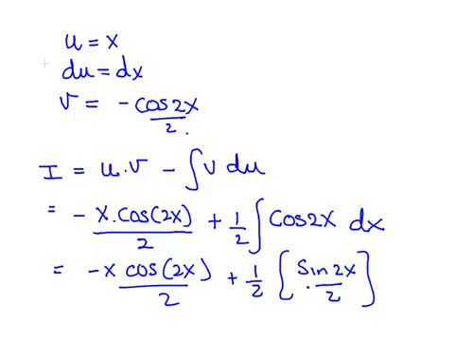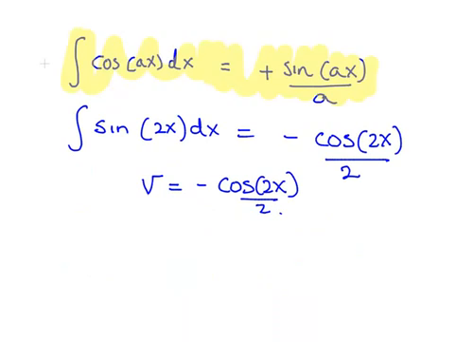Let me just double check that with my notes. Yes, that's okay. So that's our integral sorted out. We have a half here and a half here, so we just put a quarter there. All we have to do now is evaluate this between the limits.